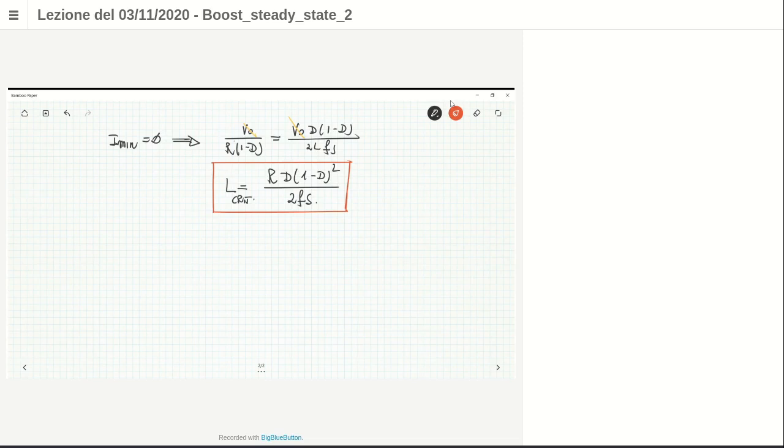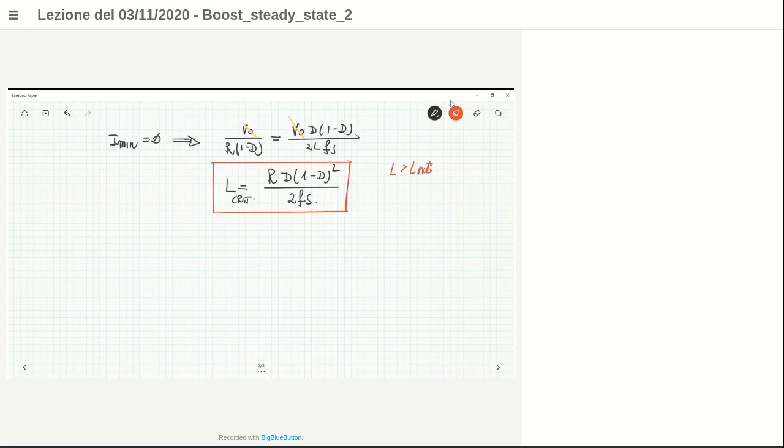For example, remember what we said about the buck. In order to get CCM, L must be higher than L critical. And so in that situation, you have to choose R as the maximum load resistance you may have, and for the buck, the duty cycle should be the minimum you may have.